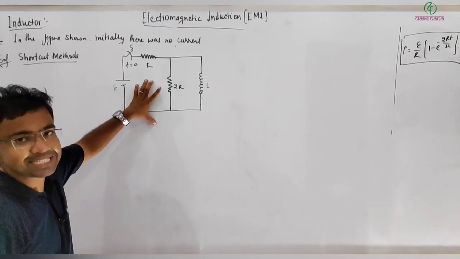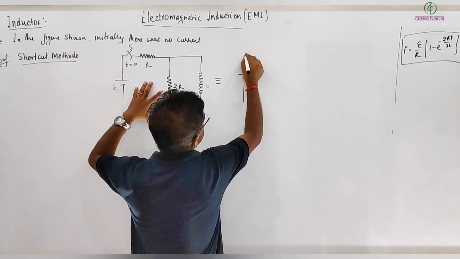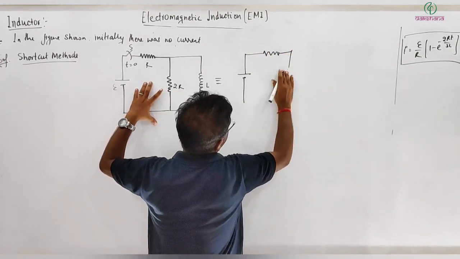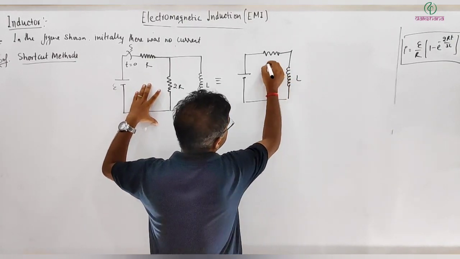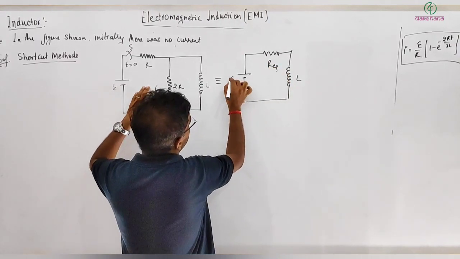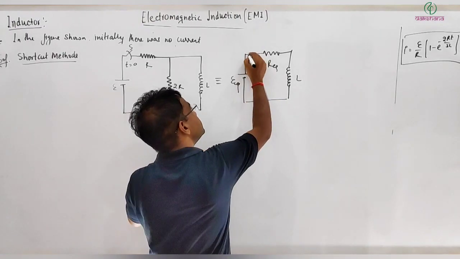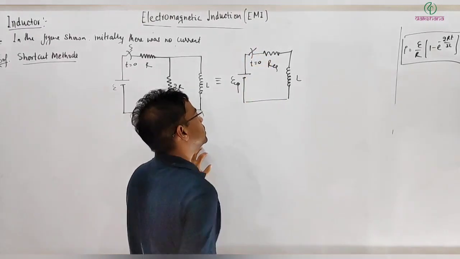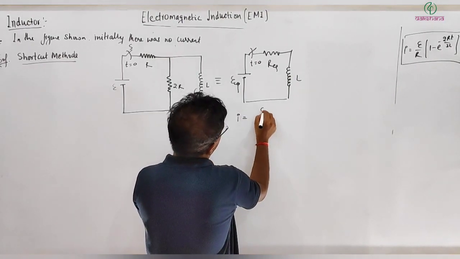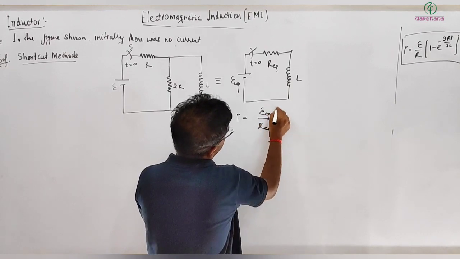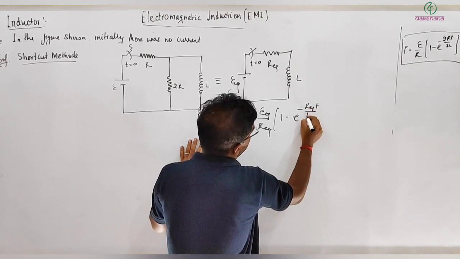We want to convert this system into an equivalent one, let's say some battery E equivalent, some resistance R equivalent, and this inductor, which will remain L. If you have this circuit and this switch, which is closed at t equal to 0, I can directly write my current I as E equivalent divided by R equivalent, times 1 minus e raised to the power minus R equivalent into T divided by L.